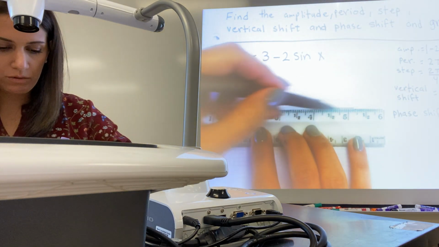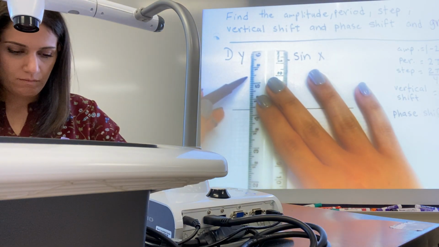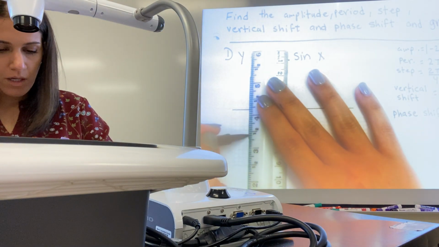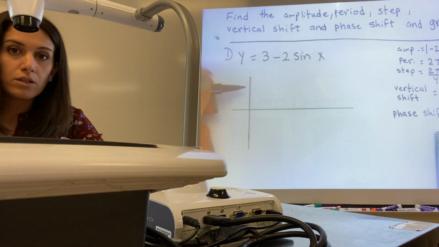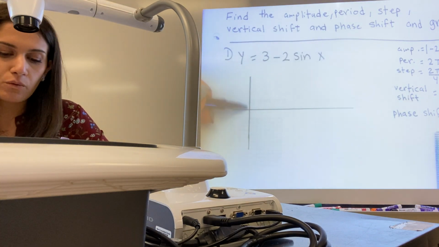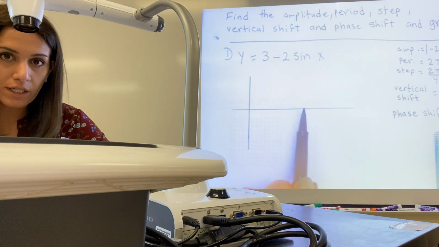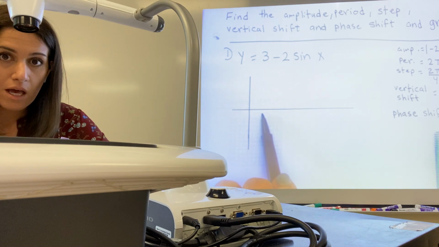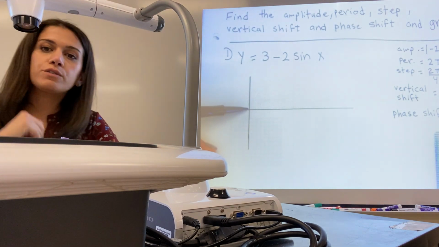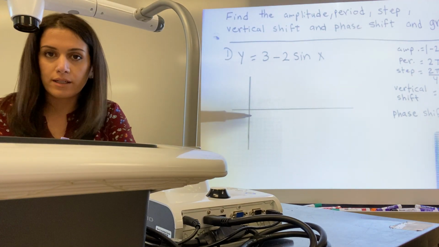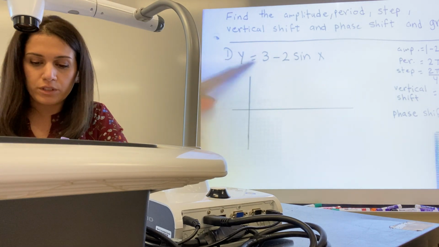Okay, now we can graph this function using this information. So first I'll do the x and y axis. Usually when we don't have a vertical shift, we'll graph around the usual x-axis. But if you remember, I told you in the last video, when we have a vertical shift, we will create a new x-axis, either up or down, depending on the value of the vertical shift.